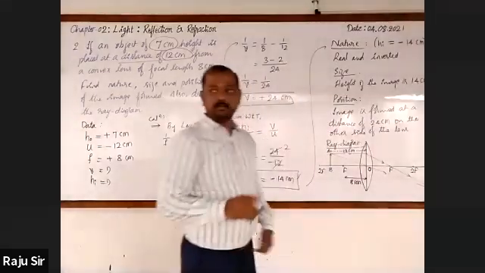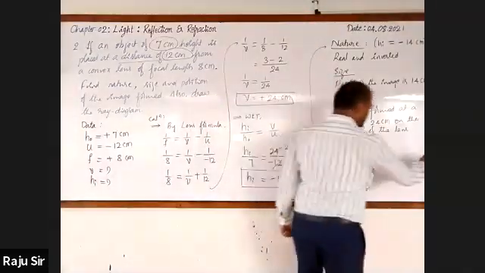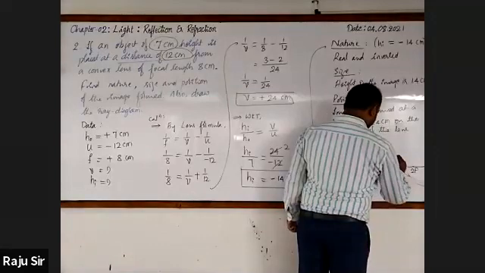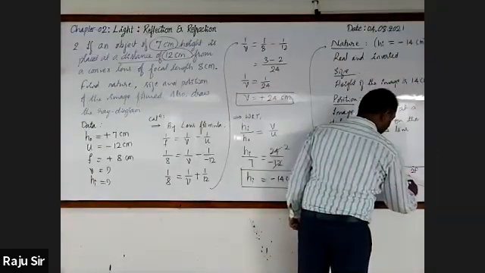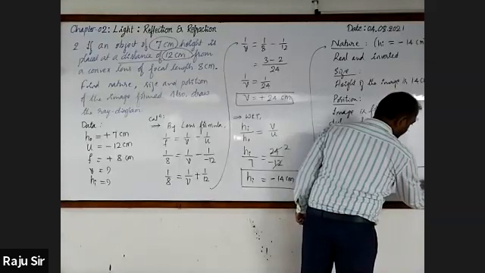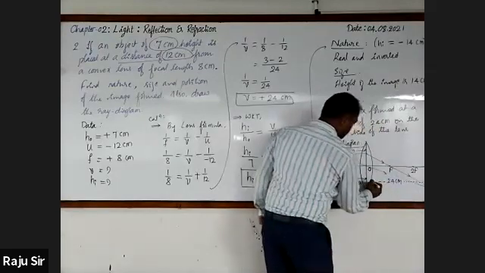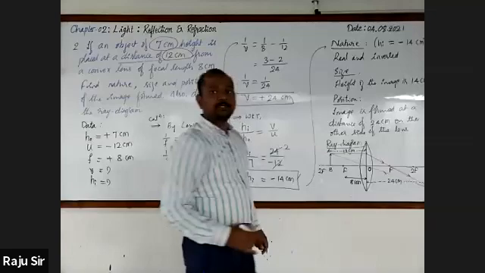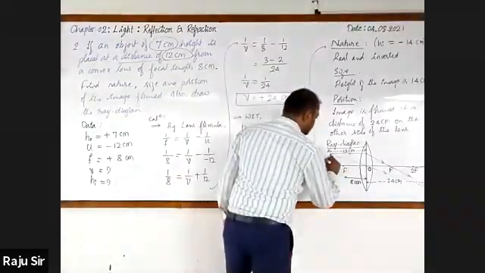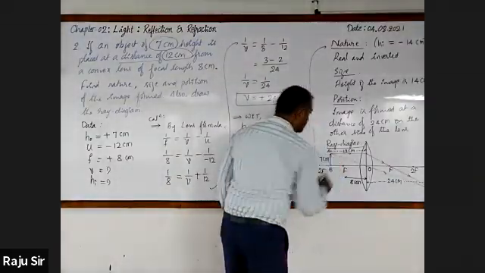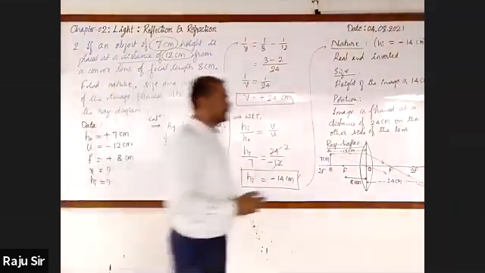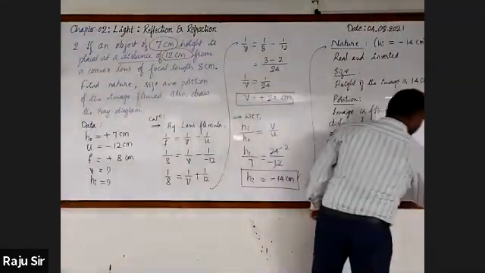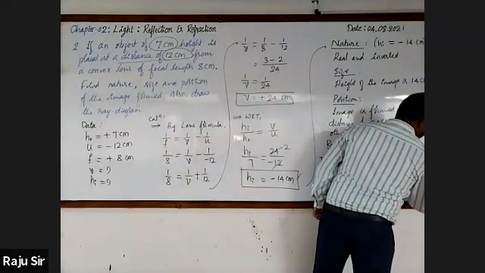So 3F, the image is formed at 3F. This is 24 centimeter. Object height is known. This is 7 centimeter. Image height is also known. It is 14 centimeter, double of it.